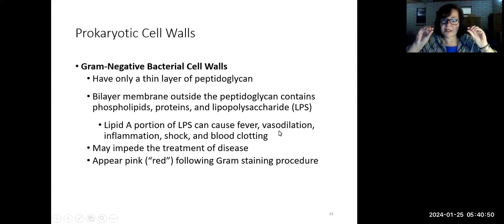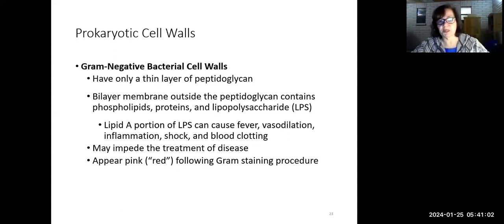That means the blood vessels are going to relax, which you might think is good, brings the blood pressure down, but oh my gosh, brings it down so far that the patients actually go into shock, which is a significant drop in blood pressure. Can cause more inflammation, which leads to more vasodilation, more leaky capillaries, and then you can get blood clotting.